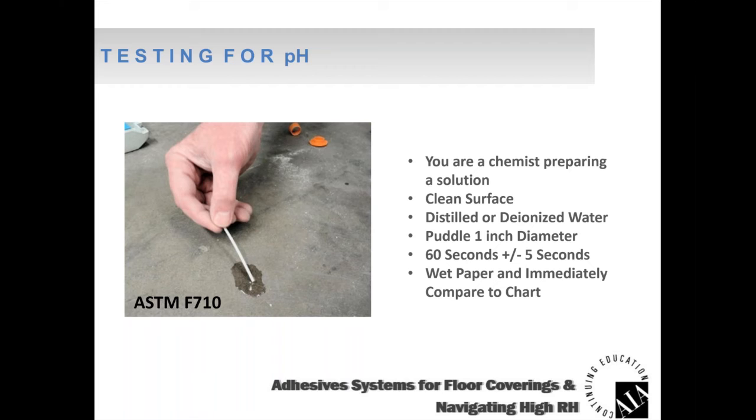We're not trying to get real aggressive with prep, removing a 30-second dimension of concrete. We're just trying to make sure that we're at a clean surface of the concrete to test the pH. So in essence, once we have clean concrete, a 1-inch puddle, letting it go for 60 seconds, dropping the paper in it, and then comparing it immediately to see what the pH is of the concrete. But again, to realize pH, we have to have a liquid there. So if we don't have a liquid there, we don't have pH.